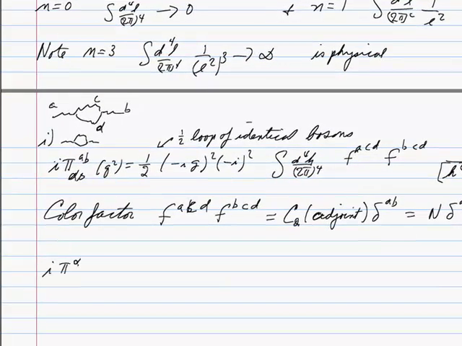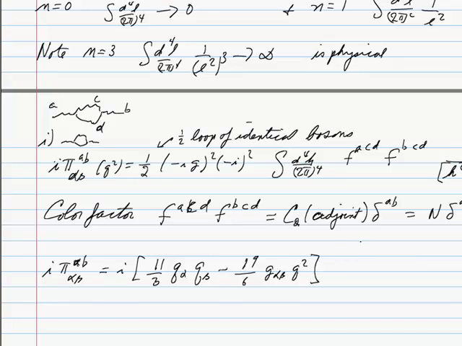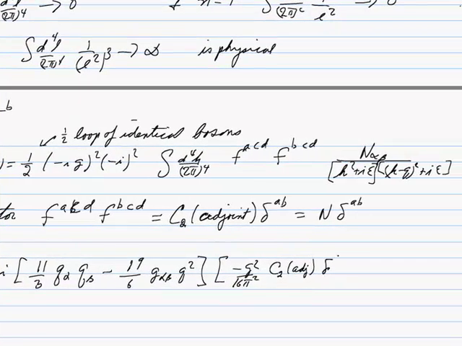If I do the rest of the calculation on alpha beta, it turns into i 11 thirds q alpha q beta minus 19 over 6 g alpha beta q squared. Then I get minus g squared over 16 pi squared, this quadratic Casimir, delta AB, 1 over epsilon.